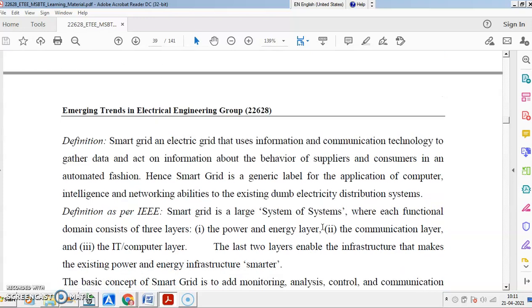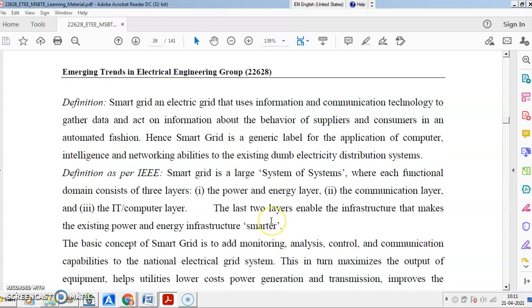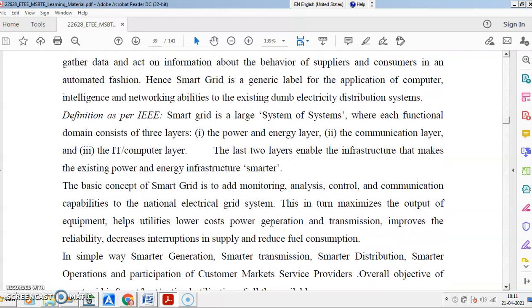So you can have the general definition of a smart grid. We can also have the definition of a smart grid as per IEEE. IEEE says a smart grid is a large system where each functional domain consists of three layers: the power and energy layer, the communication layer, and the IT and computer layer.